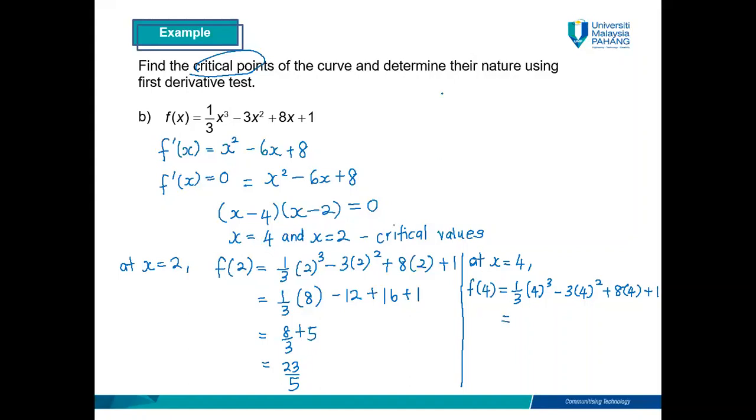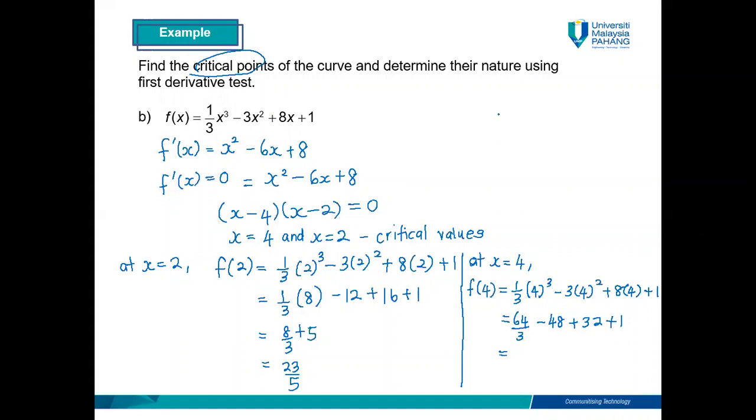So this is 64 over 3 minus 4 squared 16 times 3, 48, plus 32 plus 1.